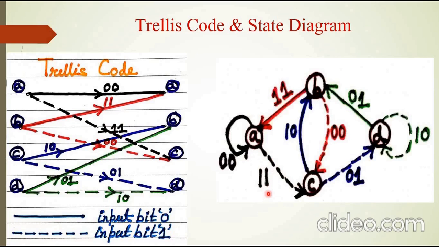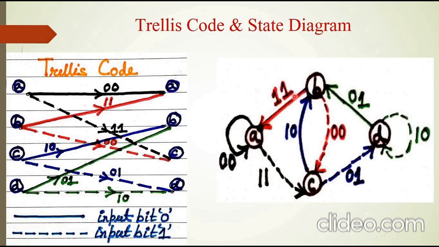And now let us check it for state B. If the current state is B and the input is 0, then the next state will be A. So the line should be a solid line from B to A and the output is 1 1 over here.